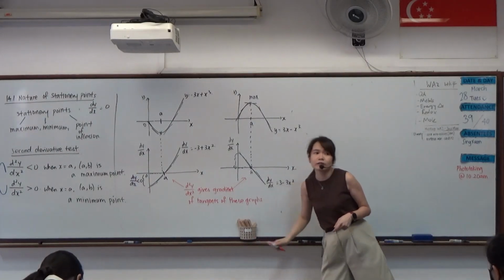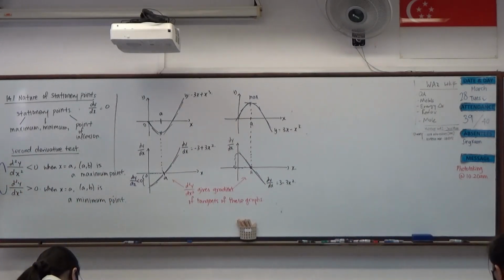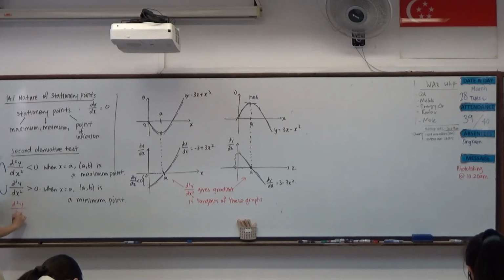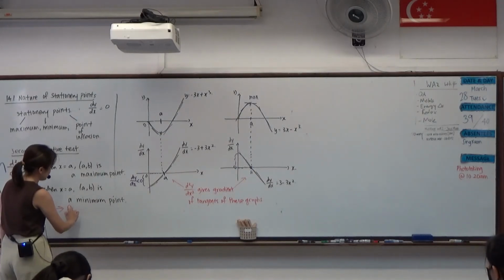Now, one very important thing is that when it comes to a point of inflection, we are not able to use our second derivative test to determine it. You cannot say that when the second derivative equals 0, it gives you a point of inflection. Not all the time does it happen that way. So if you find that your second derivative ends up equal to 0, what you have to do is use your first derivative test.